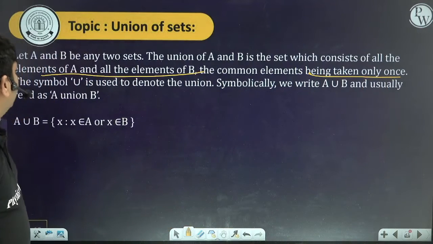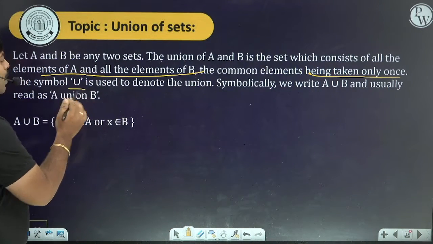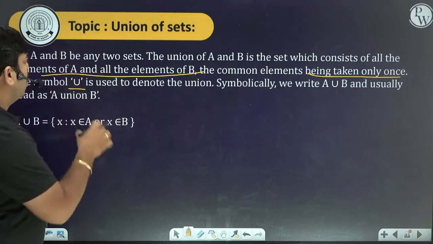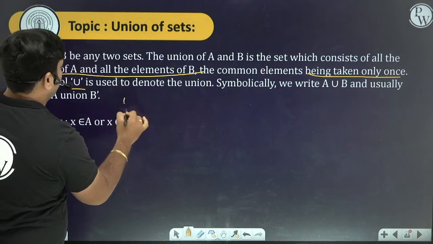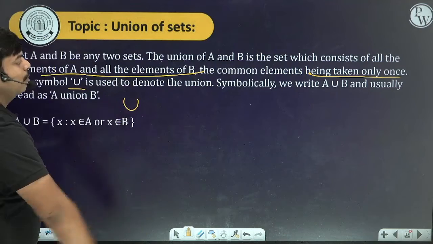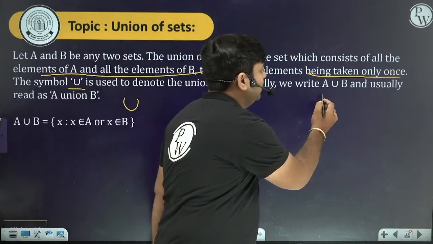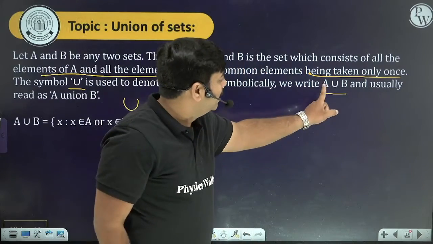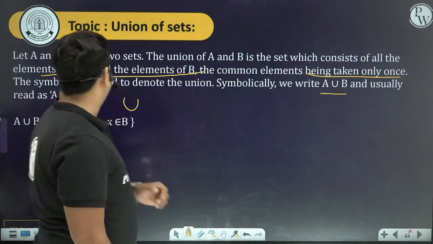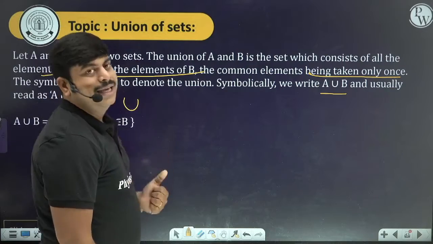Okay, and the symbol ∪, people, it's not the alphabet U. Okay, but some kind of symbol like that. Okay, is used to denote the union. Symbolically, we write A union B. This one A ∪ B, and usually it is read as A union B.